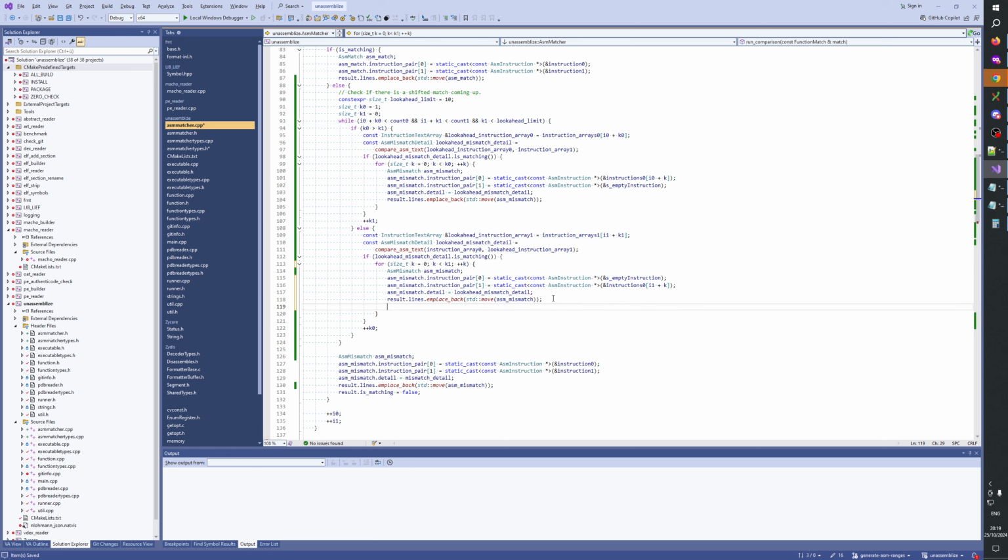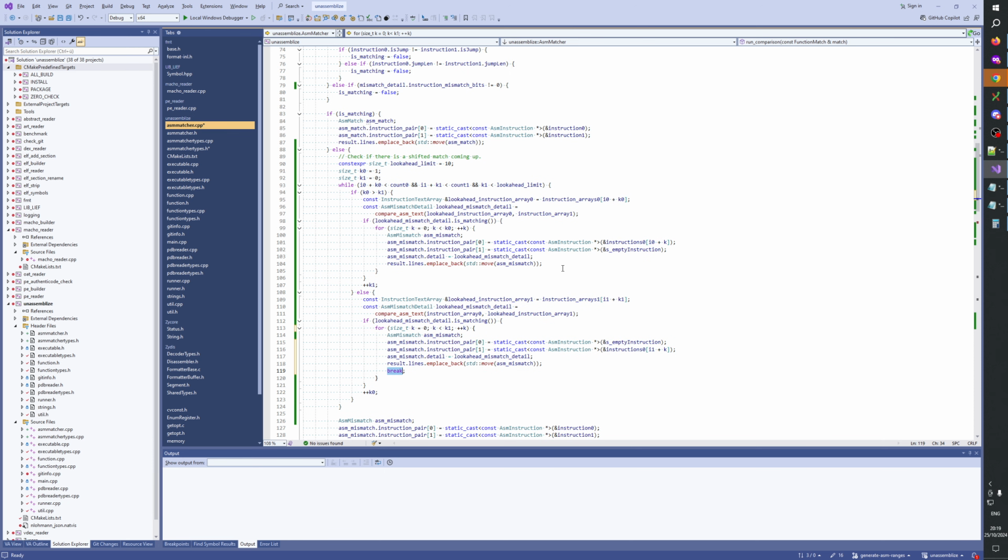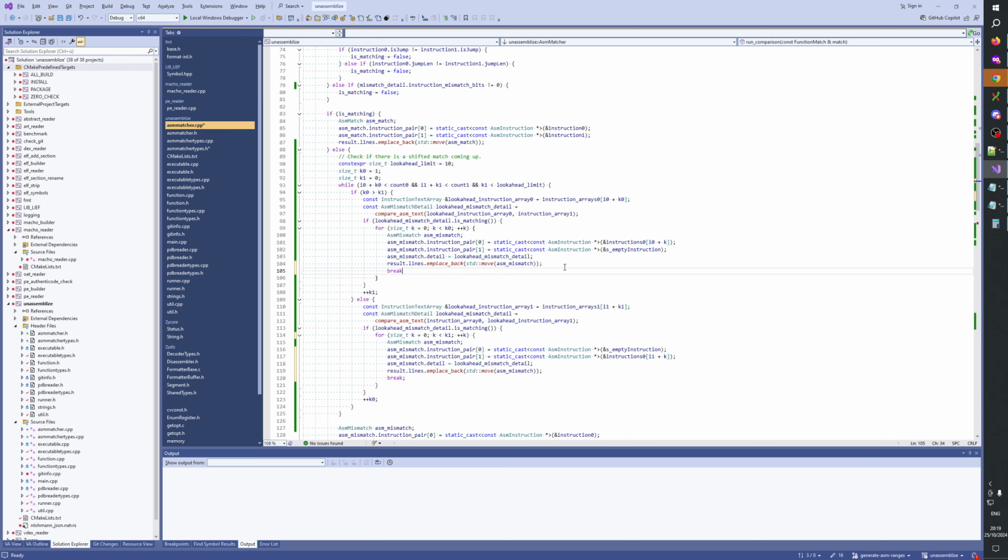Okay, we would also need to break out of this here. Break. No, hold on. The break would be afterwards here. Is matching, yeah. Break would be here.